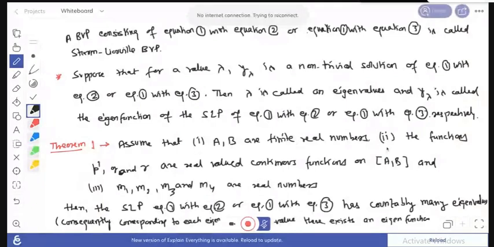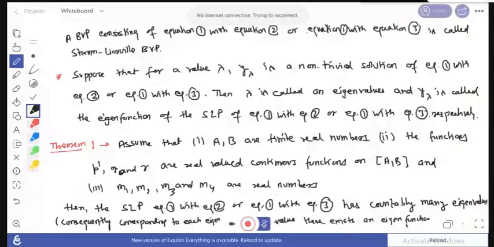So if a, b is a finite interval, and all these functions are real valued functions on the given domain, and all the boundary condition constants are real numbers, with at least one being zero or non-zero, since these are any real numbers, then this problem, that is equation 1 with 2, or with the periodic condition, has finite eigenvalues, and corresponding to each eigenvalue there exists an eigenfunction.